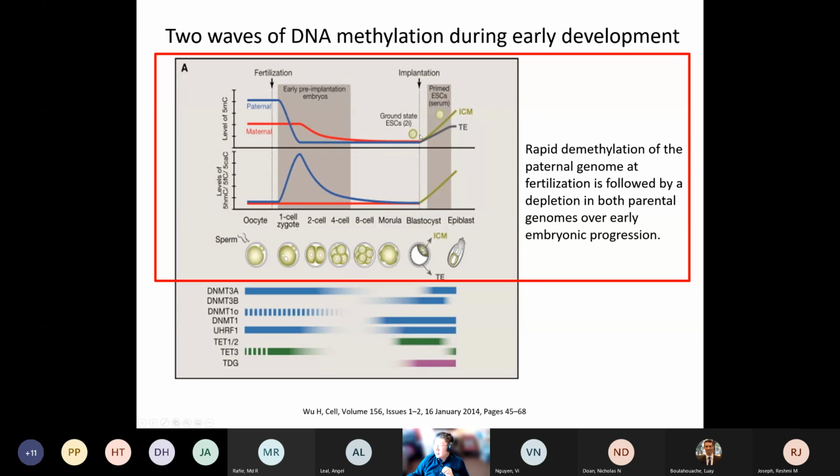Eventually, the ES cells will start to differentiate, giving rise to trophectoderm and the three germ layers. And now the DNA methylation will start to pick up, so eventually we will have the normal DNA methylation level throughout our body. Another important point here is that 5-mC indicates DNA methylation, while 5-hmC, 5-fC, and 5-caC indicate the demethylation level.